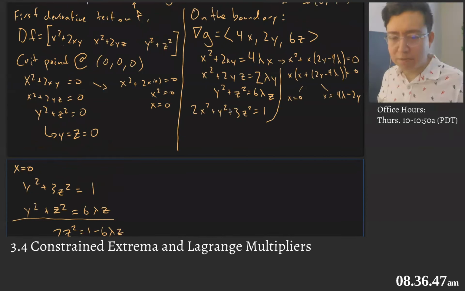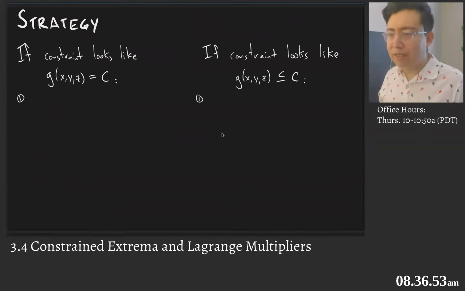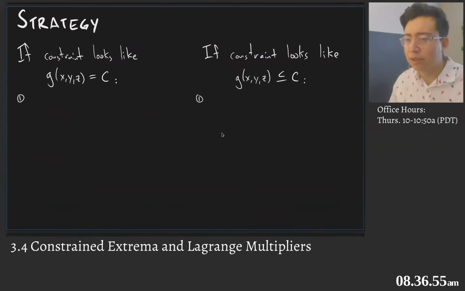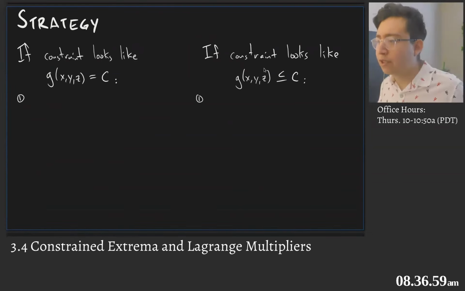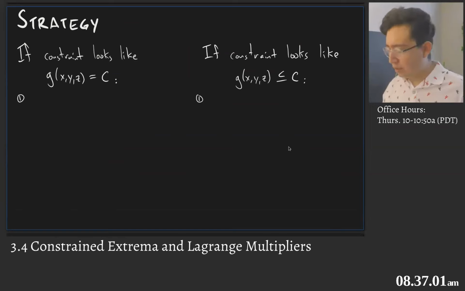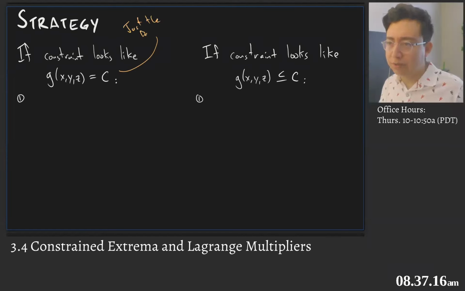And so the method of Lagrange multipliers, like I said, is probably going to be the most difficult part. So let's summarize that strategy that I said. Constraints that look like this versus constraints that look like this. Just to highlight here, geometrically, there's just the boundary.